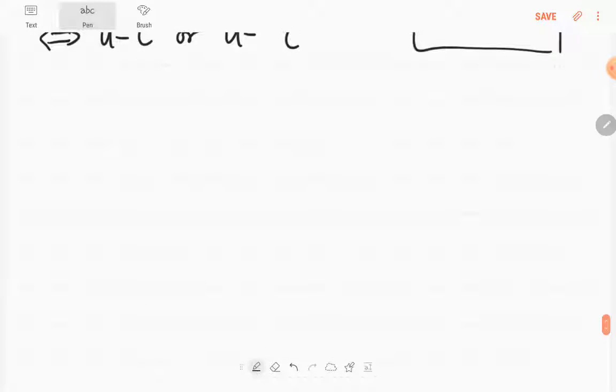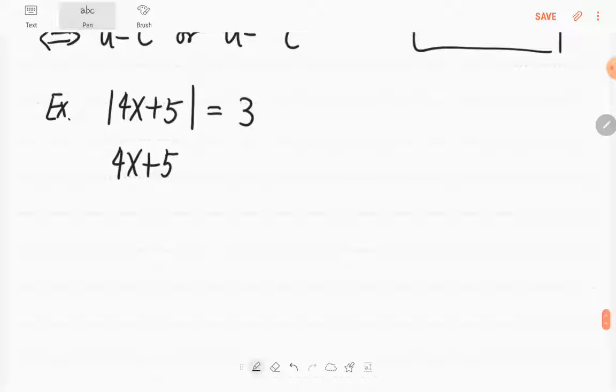So now let's look at this equation. This is the absolute value of 4x plus 5 equals 3. Okay, then we need to get rid of the absolute value sign, so it would be 4x plus 5 equals 3, or 4x plus 5 equals negative 3.